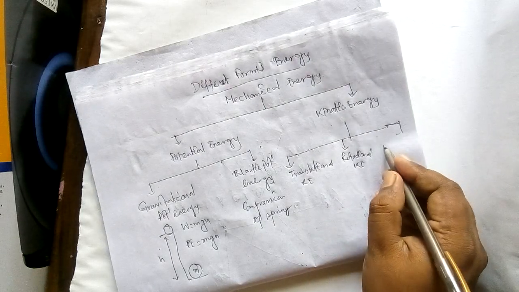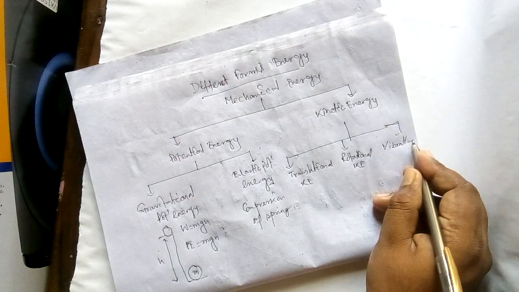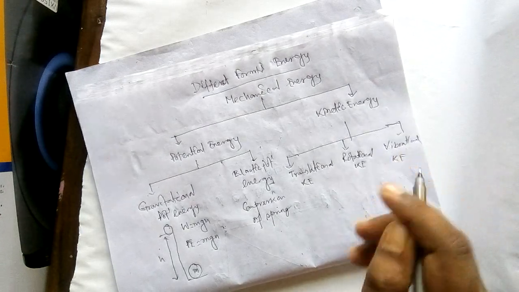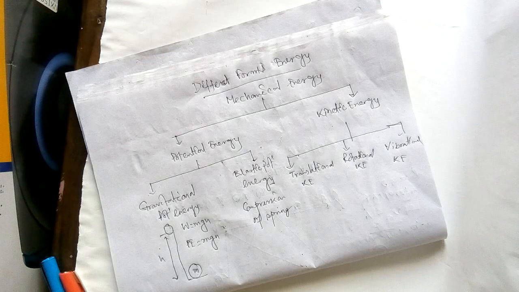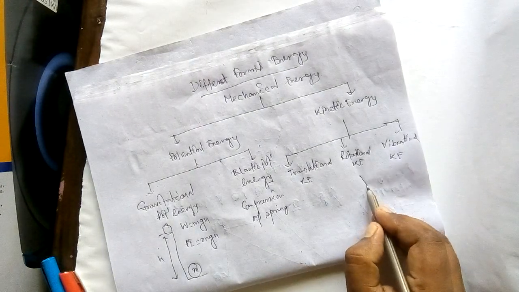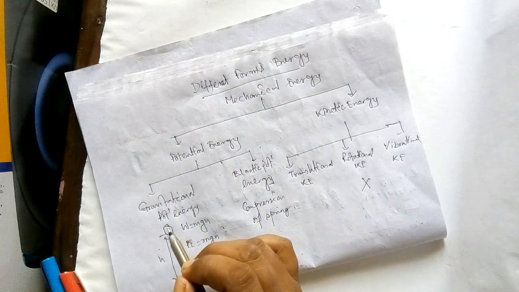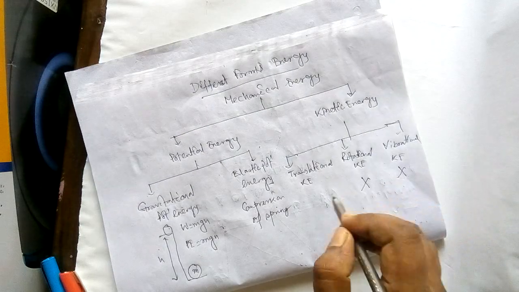And if the body vibrates, that is vibrational kinetic energy. So three kinds of kinetic energies are there: translational, rotational, vibrational. Here we will not do any calculation on rotational kinetic energy or vibrational kinetic energy.